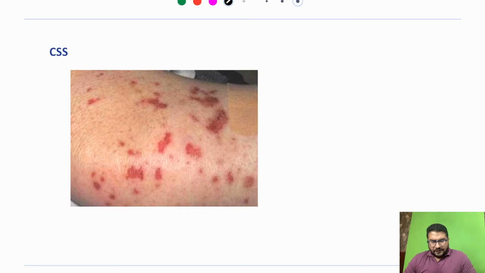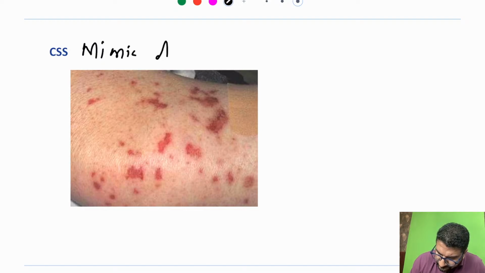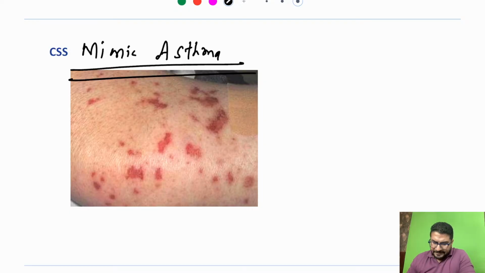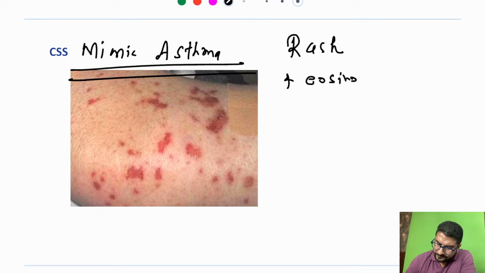Okay, this is Churg-Strauss syndrome. So understand, in Churg-Strauss syndrome, this is something which mimics asthma. So the patient will have rash, right? There will be an increase in eosinophils. You will see eosinophilia. Eosinophil number will increase.